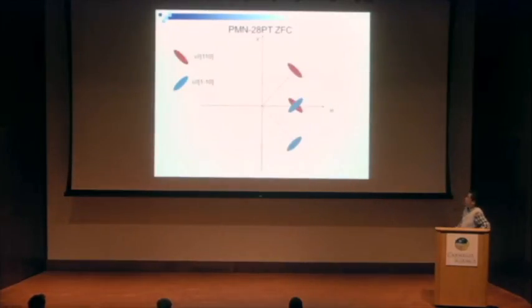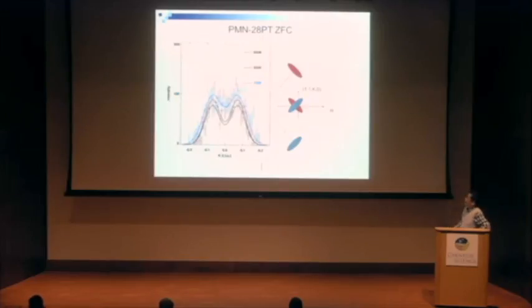To better understand the data, we also did a linear scan, a K-scan at H equal to 1.1, which crosses the diffuse scattering and avoids the strong Bragg peaks. As we expected, in zero field cooling, the contributions from the red and blue wings should be equal or similar, and we see a symmetric two-peak pattern here.